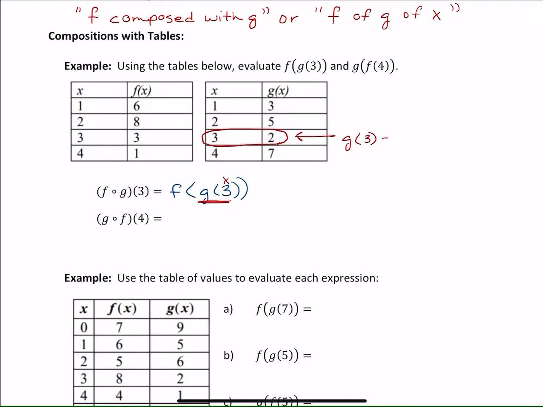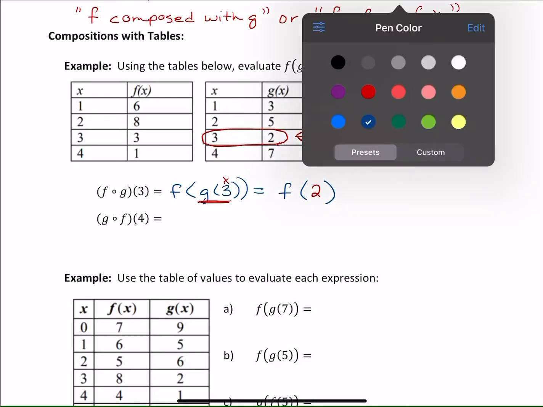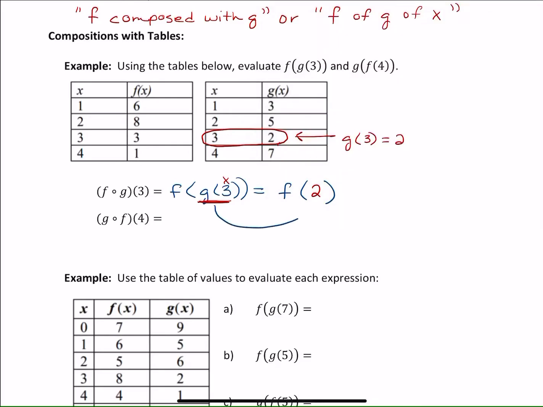So here g of 3 equals 2. So I'm going to plug that in where g of 3 is. So that's f of 2. So I've plugged in the 2 for g of 3.